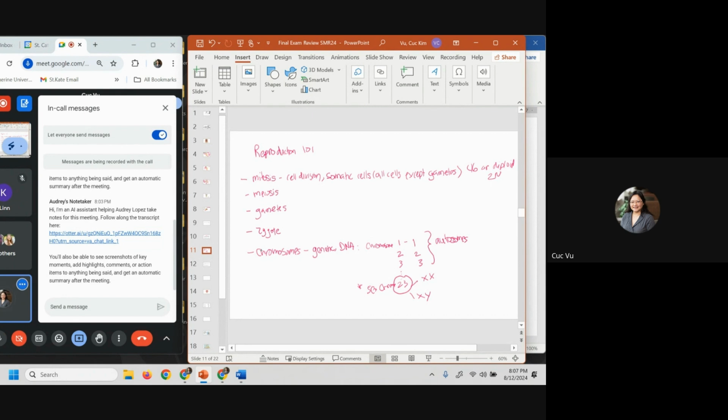Okay? So that's mitosis. Mitosis is a cell division of somatic cells, and the somatic cells tend to have 46 chromosomes, or diploid or 2N. Where meiosis is also a form of cell division, and it is a cell division only for gametes.